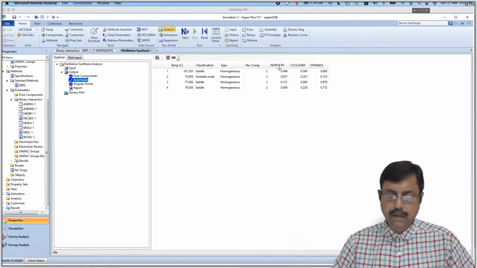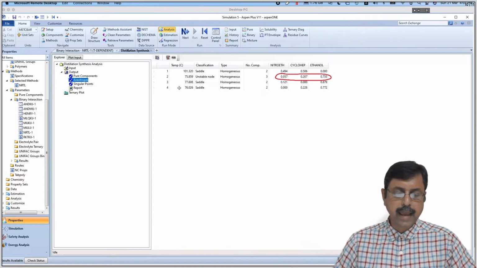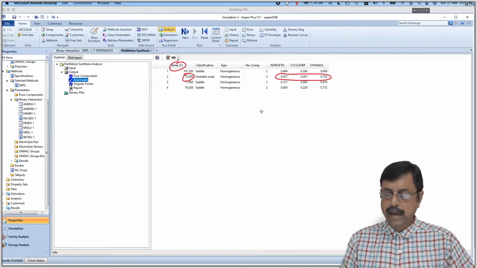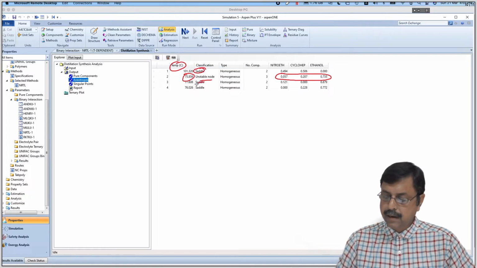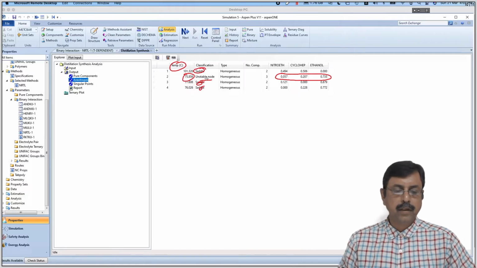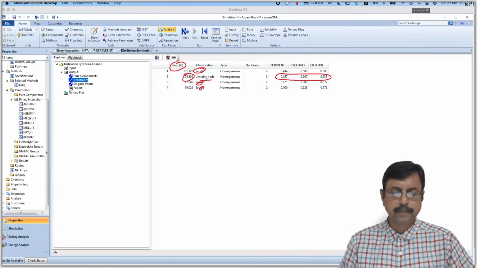We have only one azeotrope over here that is a ternary azeotrope, which is at 75.7589 degrees centigrade. And obviously this is an unstable node. And these are saddle nodes, because if you see the ternary plot and residue diagram, you will see why it is called a saddle point or saddle node.